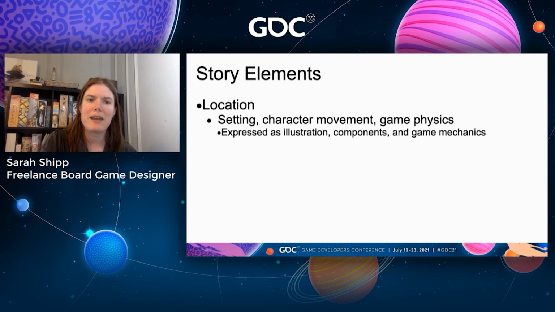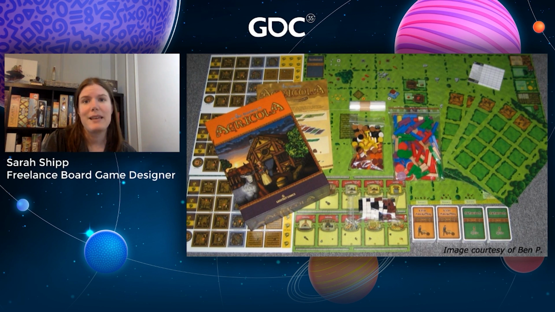Character physics usually manifests as direction of movement and speed, but it could also be inventory size, strength, need to eat, etc. I include character physics in location because all game physics helps establish the rules and feel of your world. Location can be expressed through illustration, components, and mechanics.